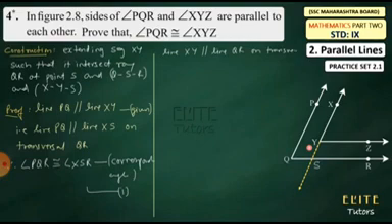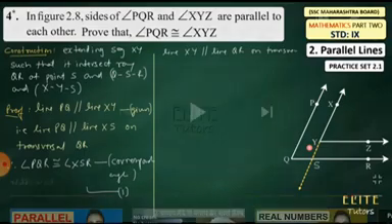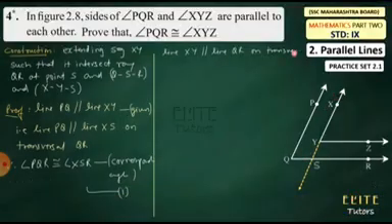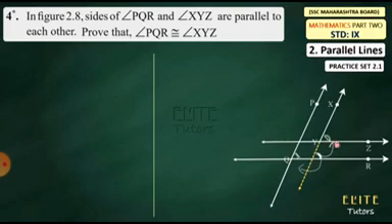Line YZ is parallel to line QR, and I will take the transversal XS. Line YZ is parallel to line QR on transversal XS. So here angle XYZ is congruent to angle XSR by corresponding angles, forming an F shape or taking the same position in the figure.